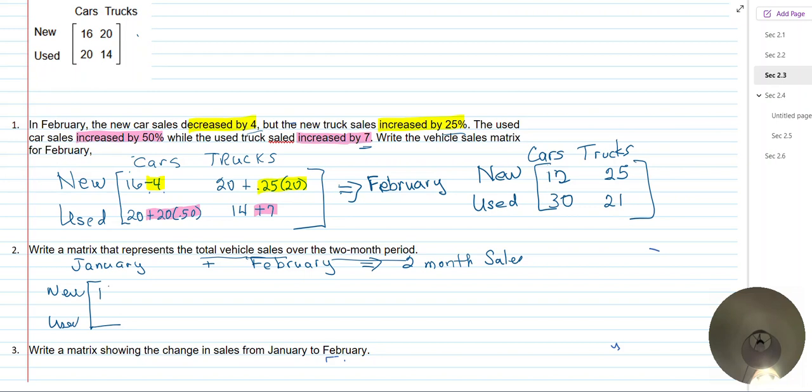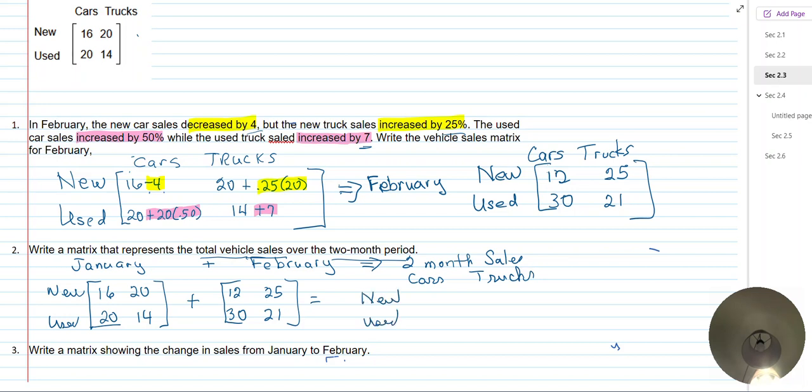So this is going to be 16, 20, 20, 14. And I'm going to add to it February, which we said was 12, 25, 30, and 21. So for the 2-month sales of cars and trucks, both new and used, it's going to be 16 plus 12.